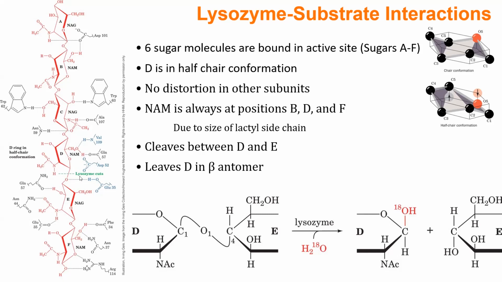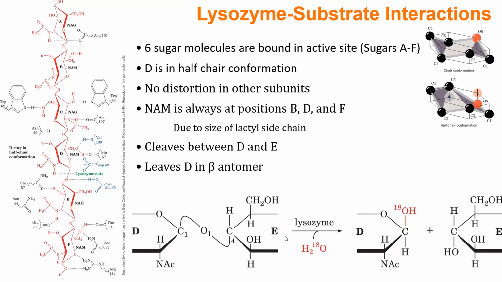However, it only makes a cut between sugars D and E. Sugar D will always be NAM, and sugar E will always be NAG. That's because the binding site of lysozyme, the amino acids around there, will only bind 6 sugars and only bind when NAM is in position D and NAG is in position E.